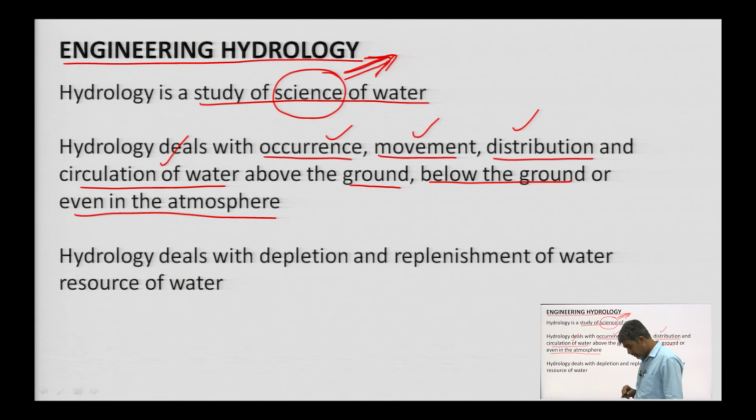Water is available in our atmosphere as moisture, and this is part of the hydrological cycle. Later in this class I will tell you the different forms of water.